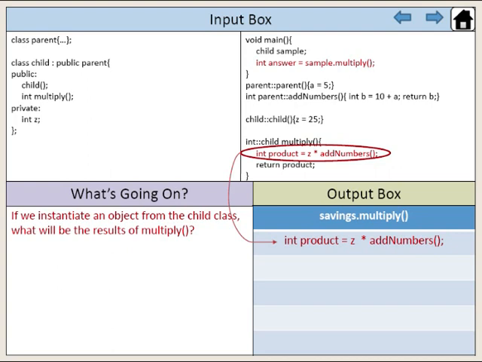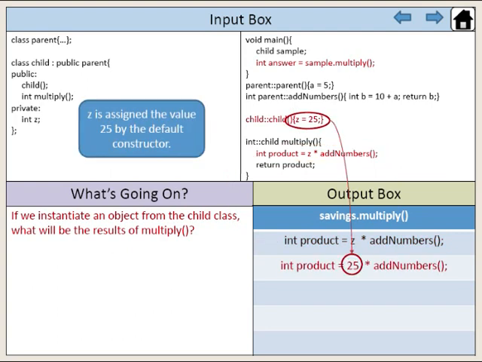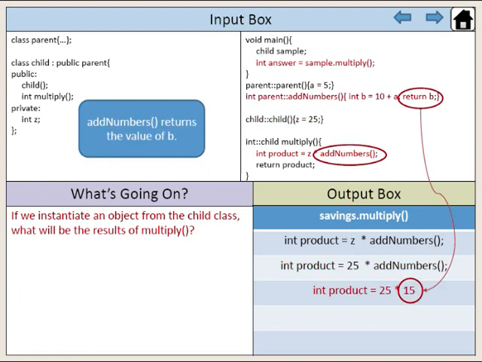Now, let's determine what the value of product would be. Z is assigned the value 25 by the default constructor. The class function addNumbers returns the value of b, which is 15.